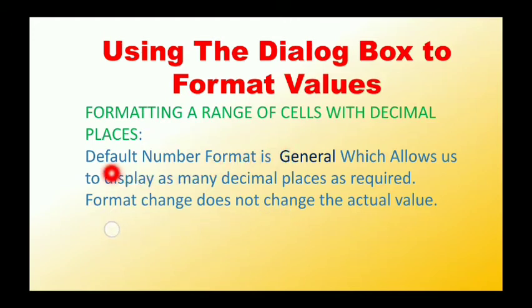As you can see in Excel, by default the number format is general. It means that it can show as many decimal places as we need, so we can use as many decimal places as required.